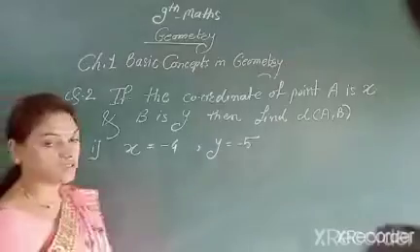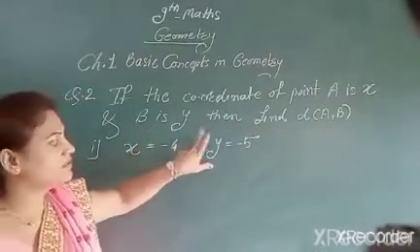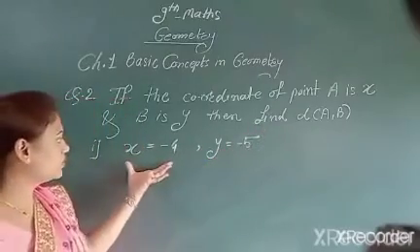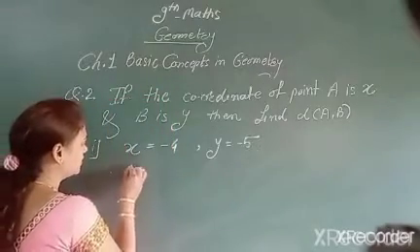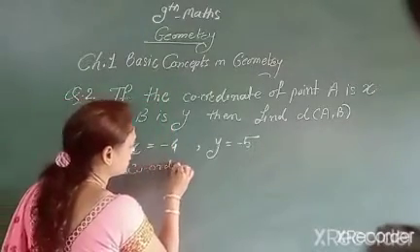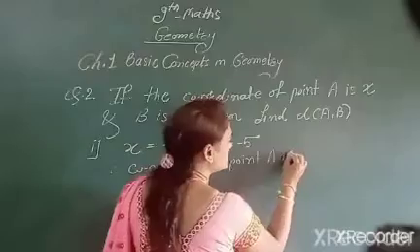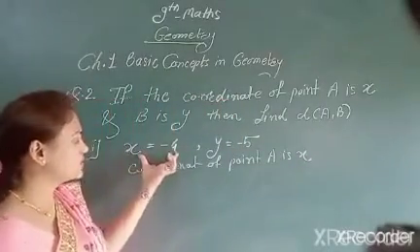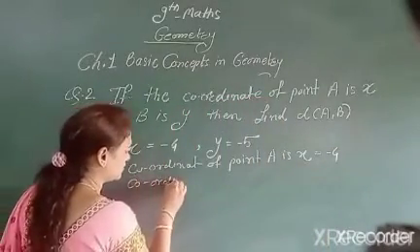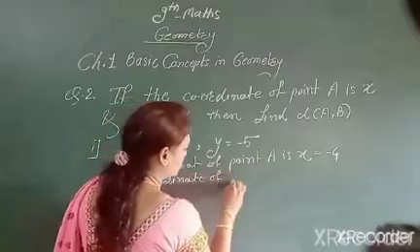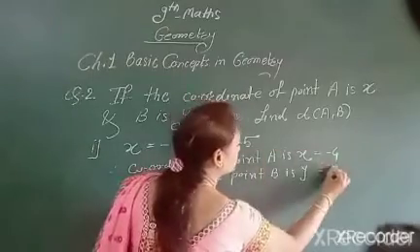Okay. So the next question is, if the coordinate of point A is x and of B is y, then find the distance AB. You have been given x equal to -4 and y equal to -5. Solution: coordinate of point A is x, here the value of x is -4. Coordinate of point B is y, y is equal to -5.